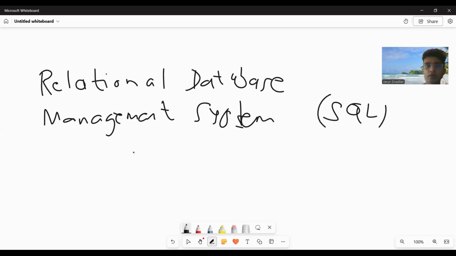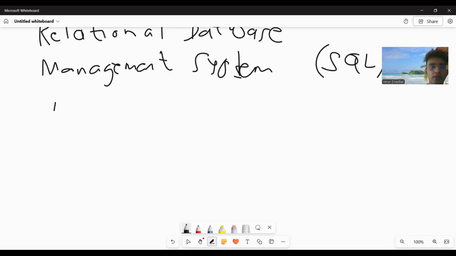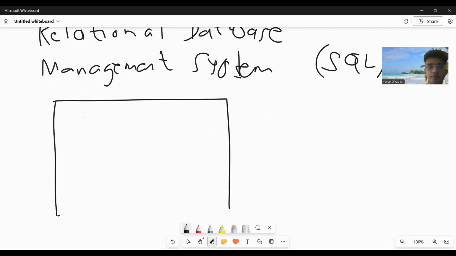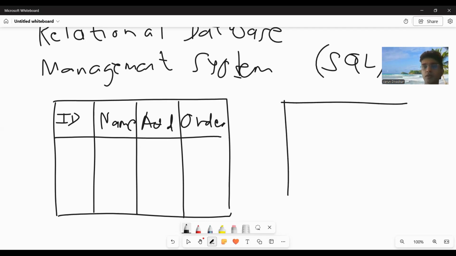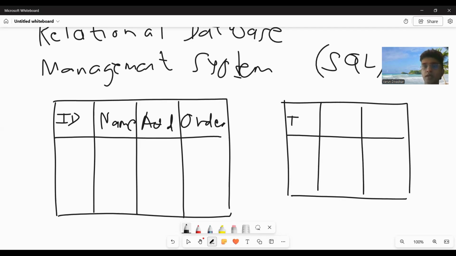Typically, the way it works is, if you want to store your customers' data in one table, you have a table with the customer's ID, the customer name, the customer's address, and then the order which the customer has bought, the product basically. And to understand the price of every product the customer has bought, you store a separate table called the orders table, where you have the order ID, the product name, and the price of the product.